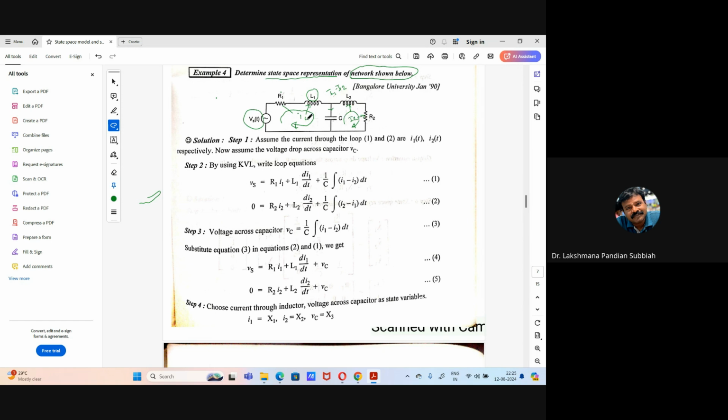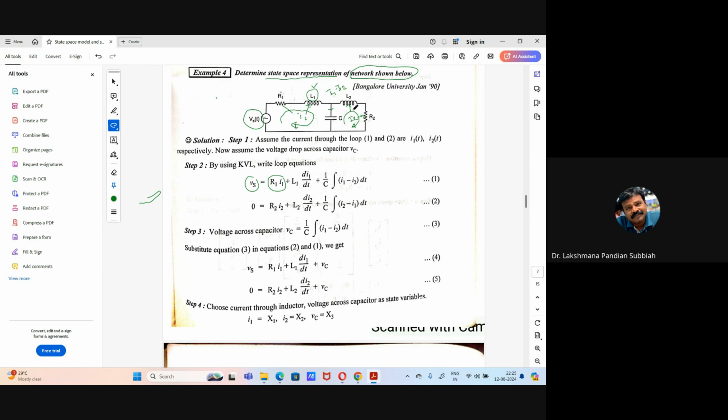So for the first loop we write the equation: Vs equals the voltage across the resistance, R1 into I1, plus the voltage across the inductor, L1 dI1 by dt, plus the voltage across the capacitance. The current is I1 minus I2, so you have to integrate the current with respect to time: 1 by C integral of (I1 minus I2) dt. So this is the first loop equation.